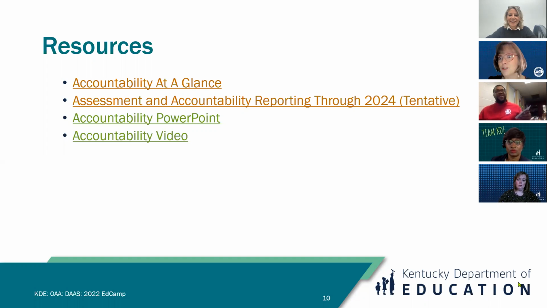I'm not sure if Helen does or not. I think there is some data, but I think we would definitely ask you to email us, and we will follow up with you and get the information back to you. Keep in mind, the first time we did this, we did a field test, and then last year was the first time that we actually conducted the online assessments for state accountability, and we did a shorter test.